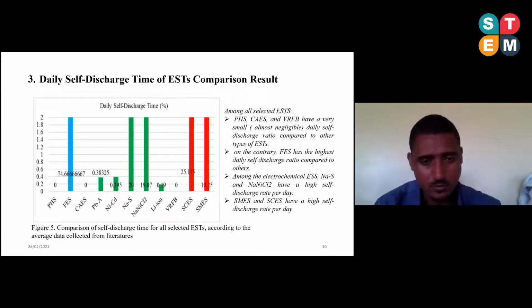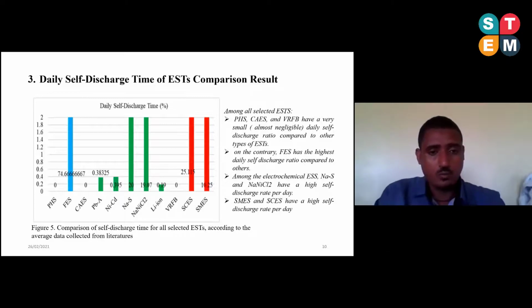This by itself gives some indication. For instance, if you take flywheel energy storage and it stays for 1 day, it can dissipate its stored energy within 1 day. So this is the side effect of flywheel energy storage: they can't stay for a long time once they have stored this energy.